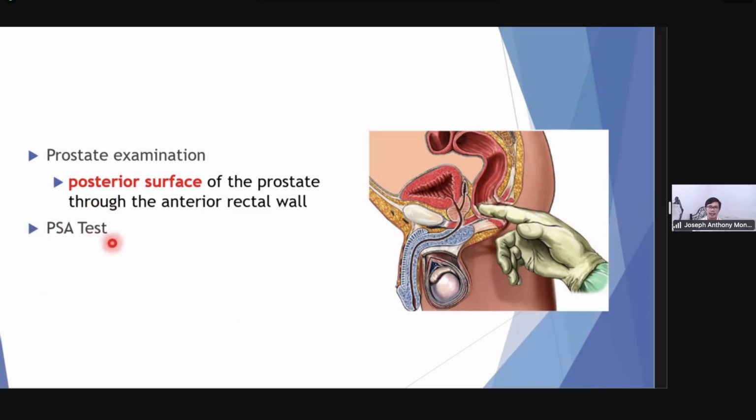If the levels are very high, since it represents the epithelial cells of the prostate, it could point towards your differential, so we may be considering malignancy for your patient. On top of doing your physical exam, which is very important, you could supplement it by adding specific tests for malignancy. Again, the important thing here is that the posterior lobe of the prostate could be appreciated when doing your digital rectal examination.